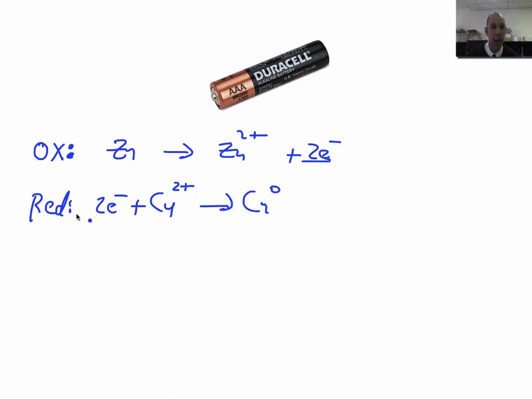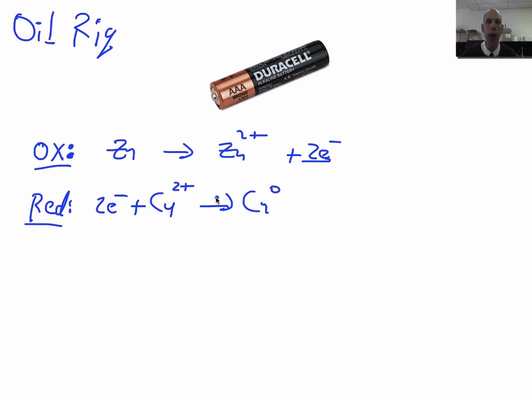And it's reduction because you're gaining electrons, and it's oxidation because you're losing electrons. OIL RIG. Oxidation is losing electrons. Reduction is gaining electrons.